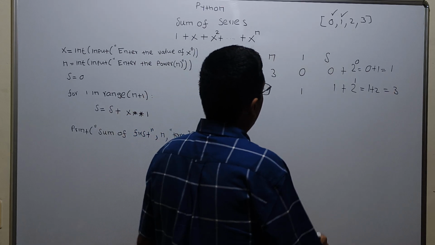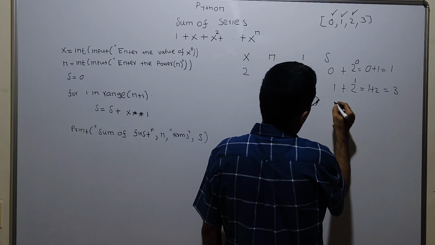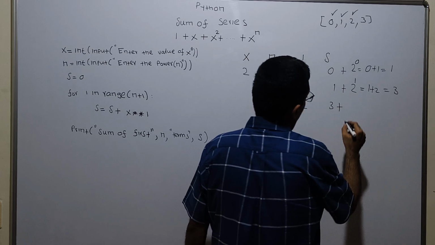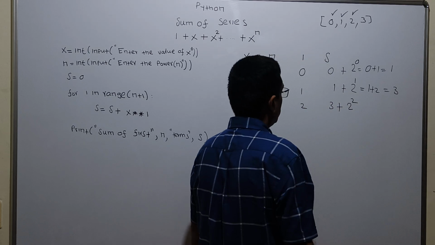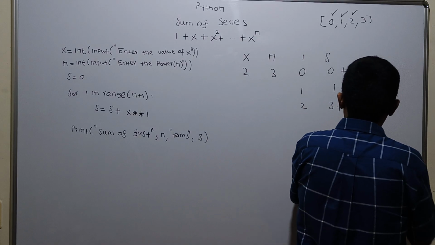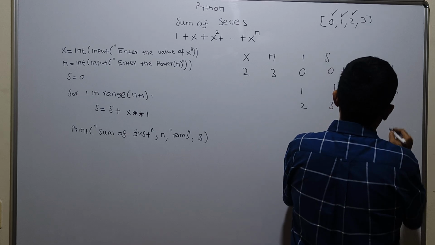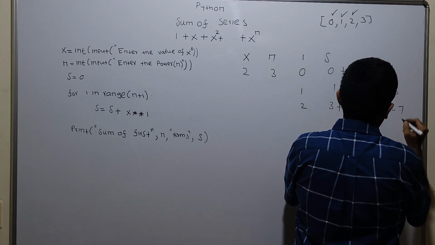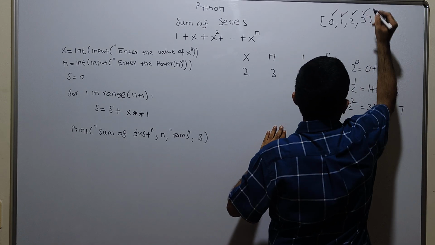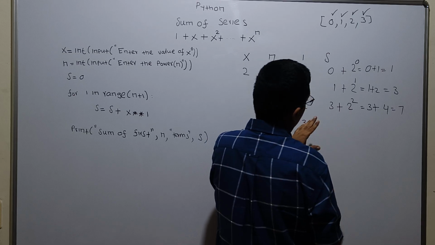Next iteration, i takes the value 2. Here s equals the existing value of s, 3, plus 2 square, because i value is 2, x power 2, which is 3 plus 4, which is equal to 7. Next iteration, i takes the value 3.